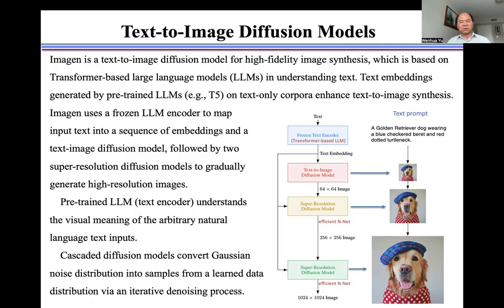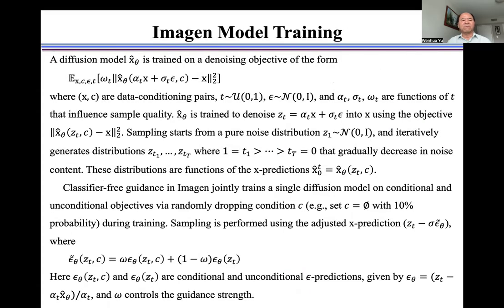Cascaded diffusion models convert a Gaussian noise distribution into samples from a learned data distribution via an iterative denoising process.